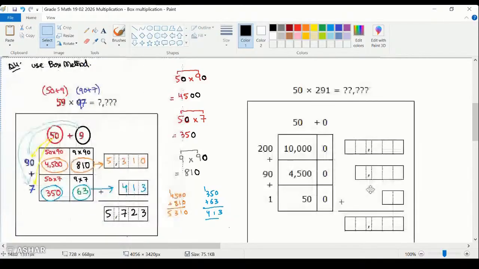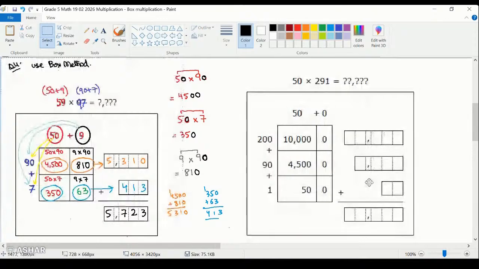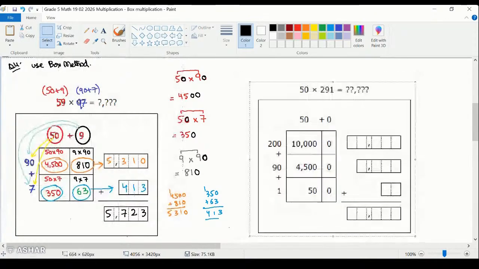In the previous question, both the numbers were 2-digit numbers, right? But now, in question number 5, they have used one 3-digit number and one 2-digit number. So they have changed the digits for the question.